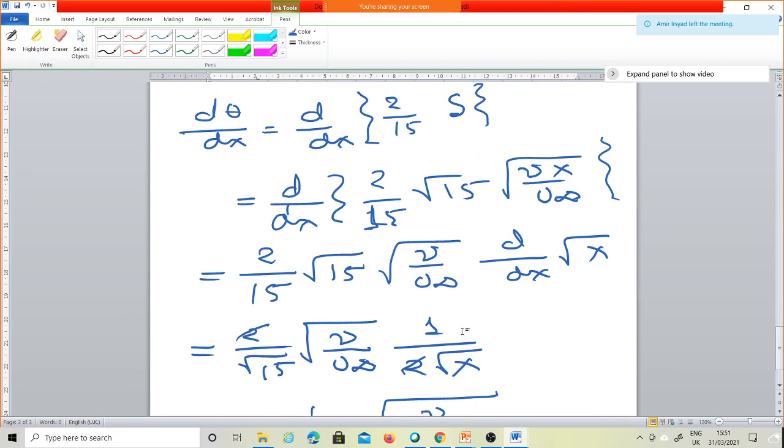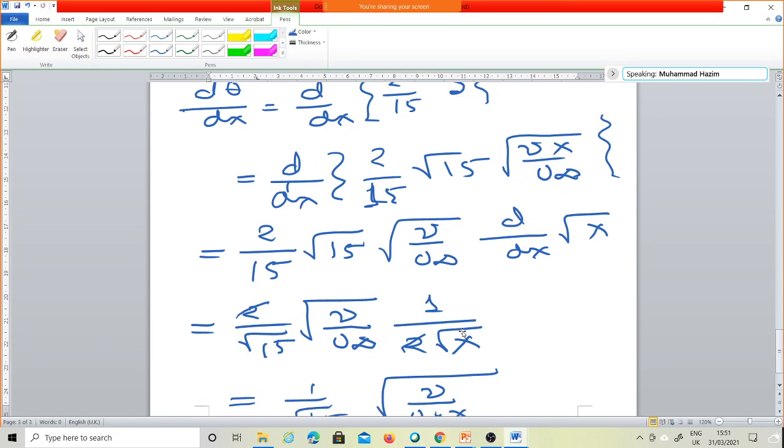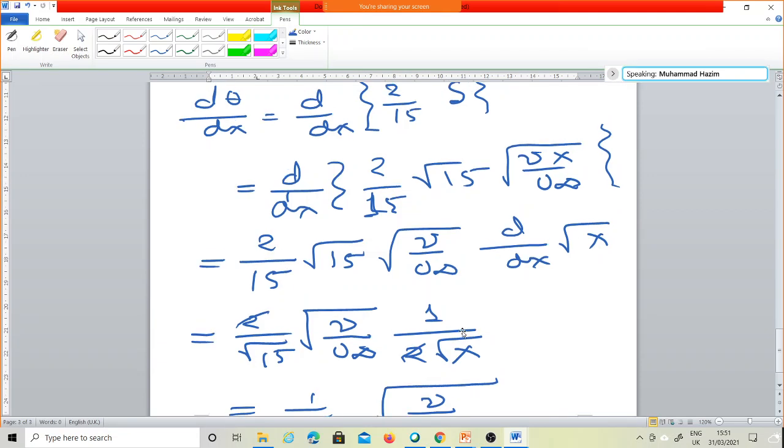Doctor, I want to ask, how can 2 over 15 times root 15 become 2 over root 15? Where? Here. Yes. 15 means root over 15, root over 15. So 1 root over 15 is crossed down.